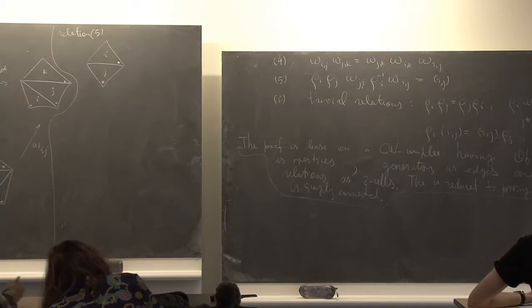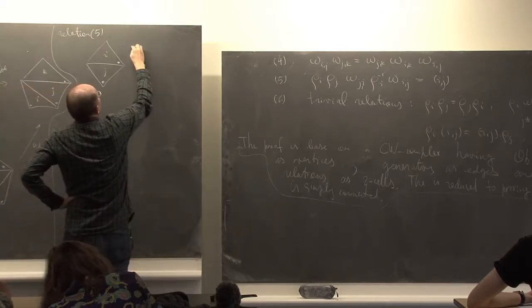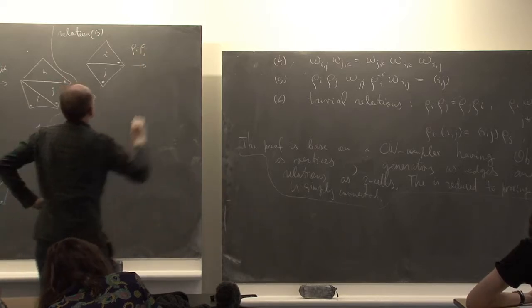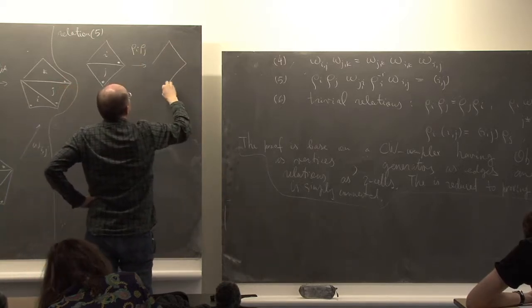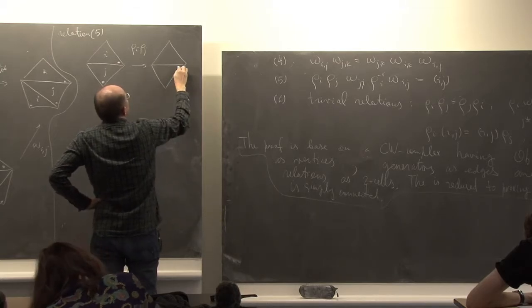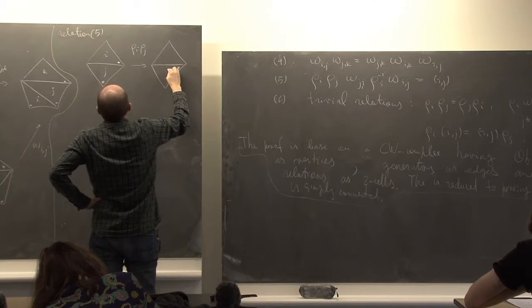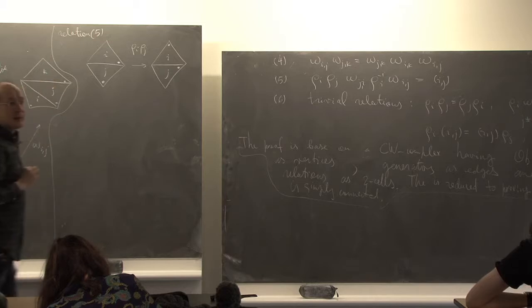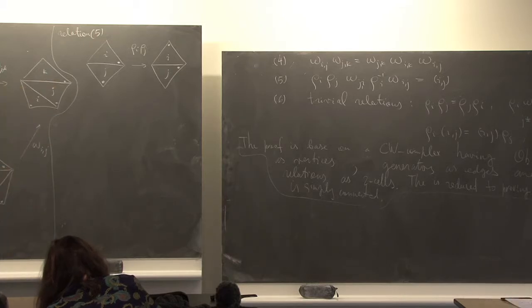Let us try this. If we try this, what do we get? We apply rho I, rho J. So we change simultaneously the corners of both triangles. Counterclockwise, so we get here, and we get here. And now we apply omega Ji, right?